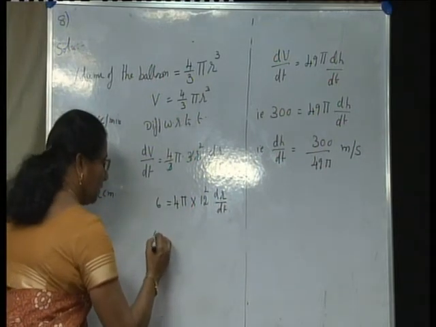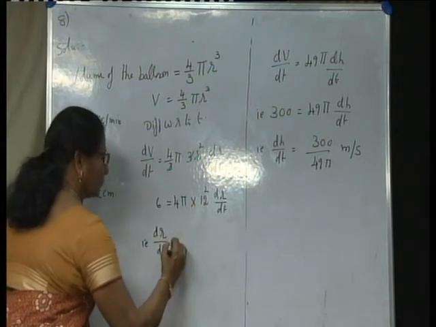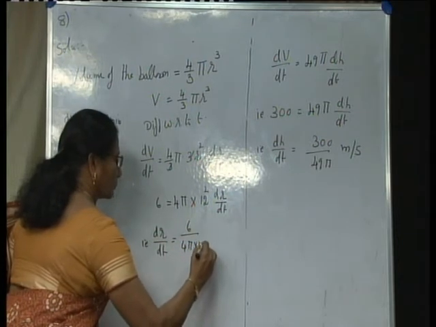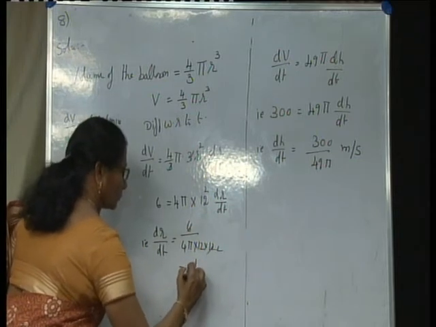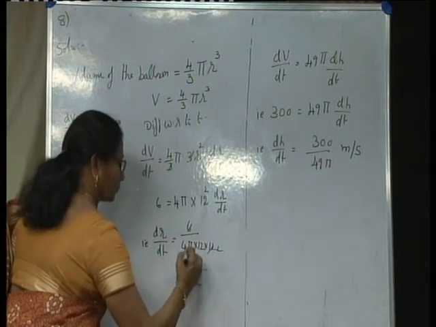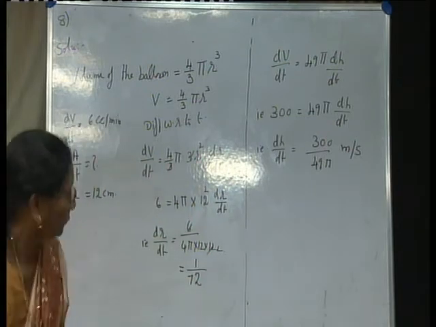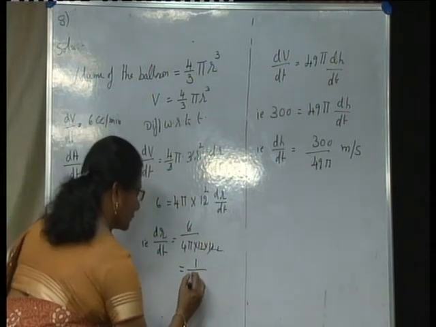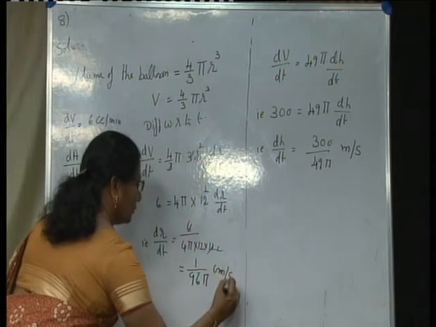That is dr by dt is equal to 1 over 96 pi centimeter per second.